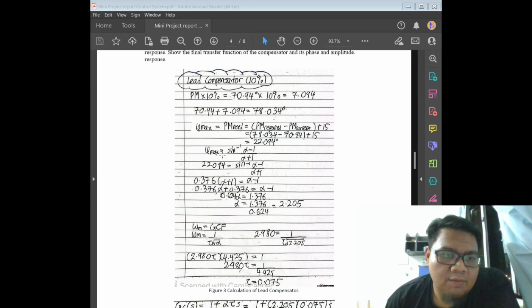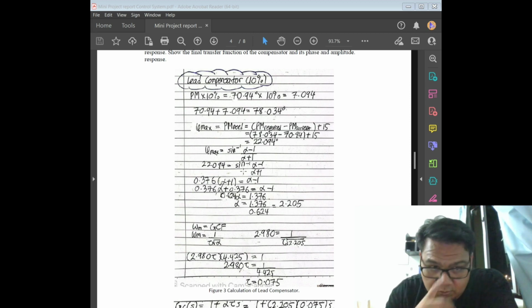For the next step, sine phi max equals alpha minus 1 over alpha plus 1. Then just substitute the phi max that we get from the phase margin needed, 22.094 from above.